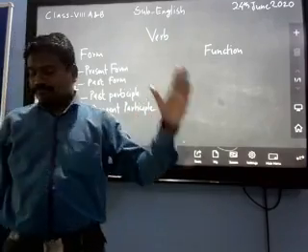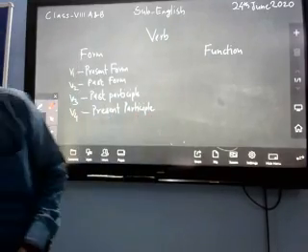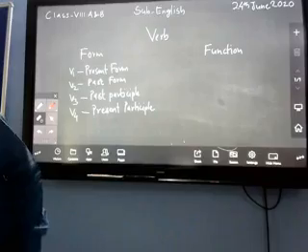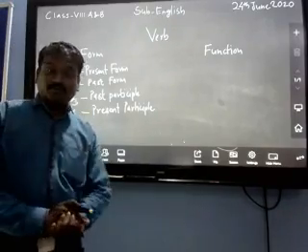Let us come to the other part at which the verbs are studied: functions.